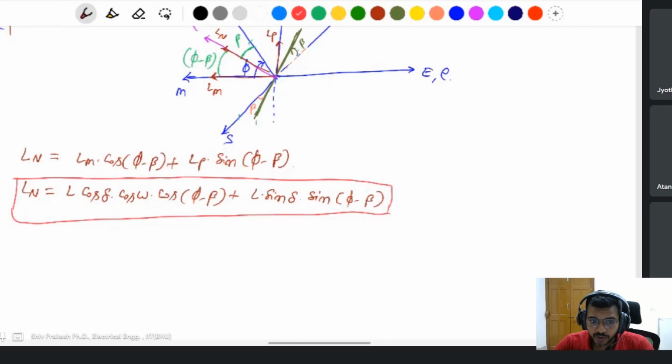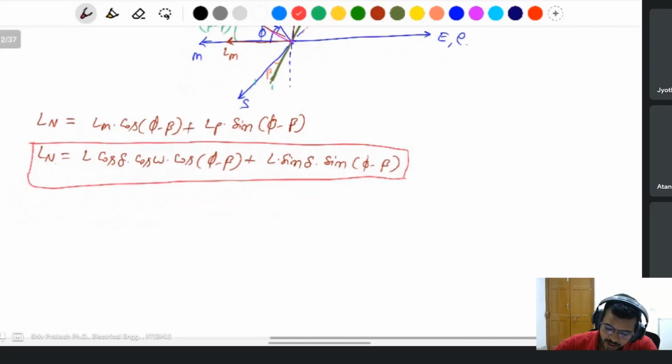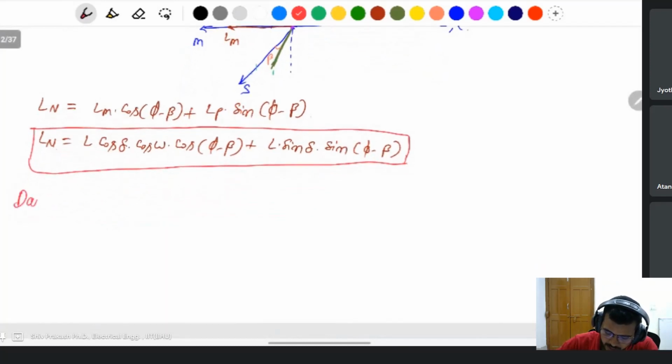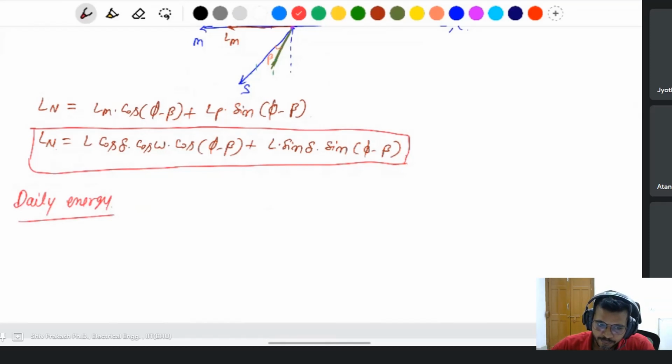If you want to calculate the overall daily energy, then you can integrate over the whole day, from sunrise to sunset.